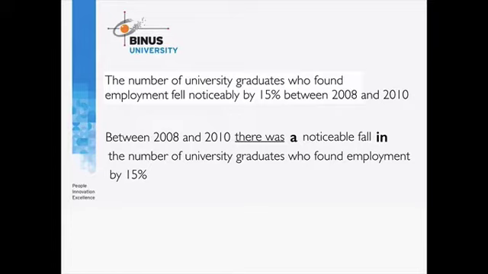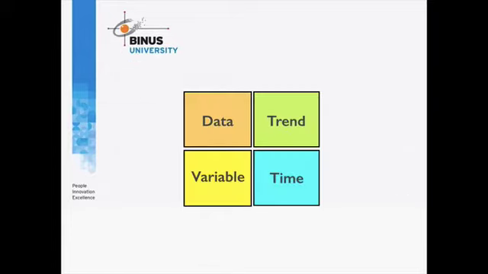And then we have the data, and that's it. So basically, there are 4 elements to your sentences here. You have the variable, the data, the trend, and the time. And these 4 parts make up the whole sentence structure there.